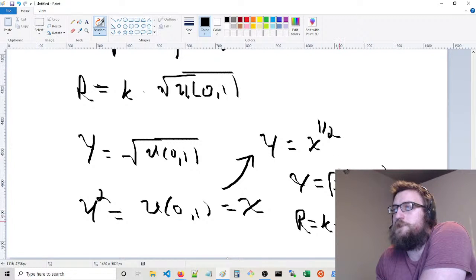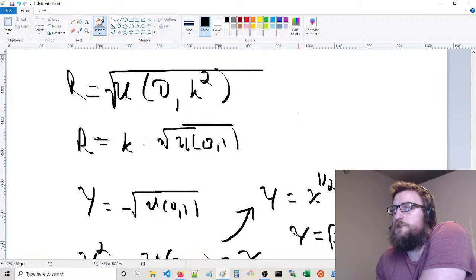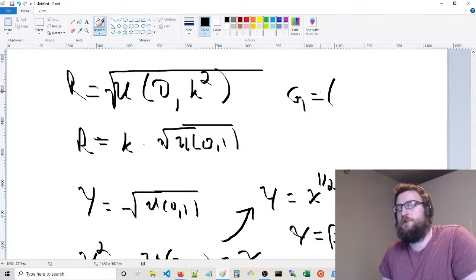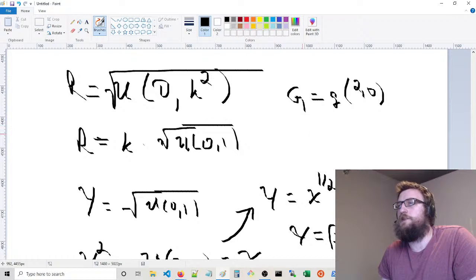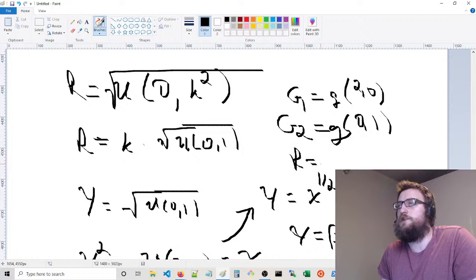And then we can use our gamma distribution for G1, G2. We'll call G1 gamma of 2, 0, and G2 is little gamma of 0, 1, and then that means that r is equal to k times big G1 over little g1.